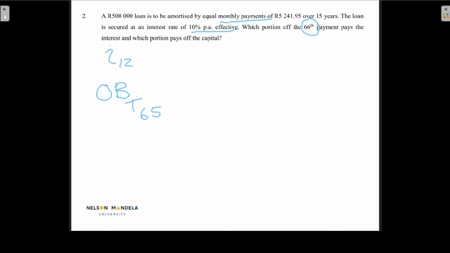If you have that, you can get the interest portion and also the principal portion for payment 66. I will leave it to you to try this. You can also do this on your financial calculator like we've illustrated at the start of this lecture. I strongly recommend that you do this by hand and also use your financial calculator to check your answer.